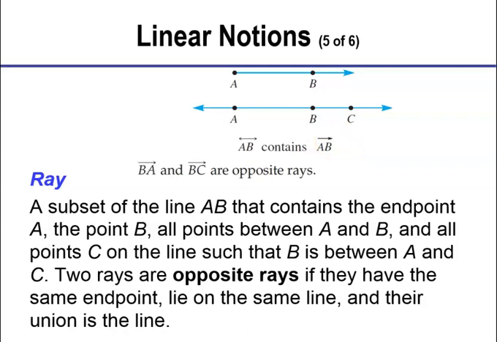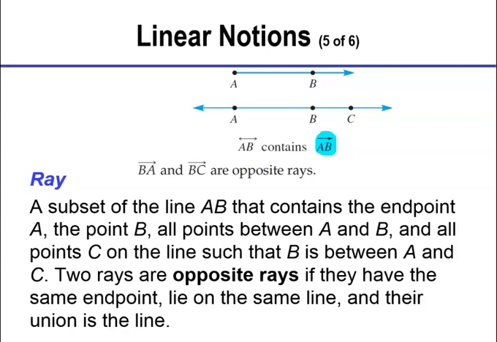Notice the order you write that in actually does matter. It would not be ray BA. So when you use notation for a ray, you start with the endpoint and then you write the other point that extends forever.